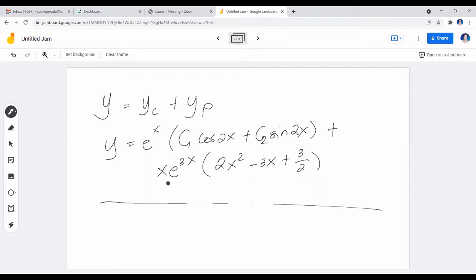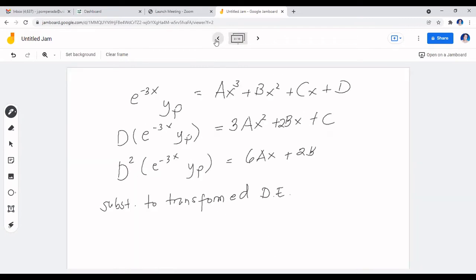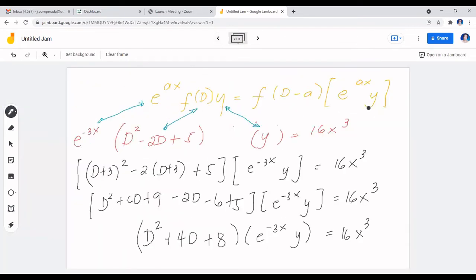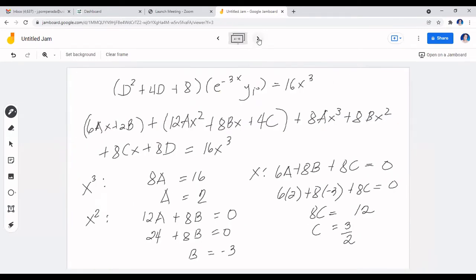That is, you base this on the transformed differential equation using this formula for exponential shift. This way you get to find the solution faster. Your procedure here is shorter and less prone to error compared to if you do not know this and you stick to the original set of procedures for the method of undetermined coefficients.